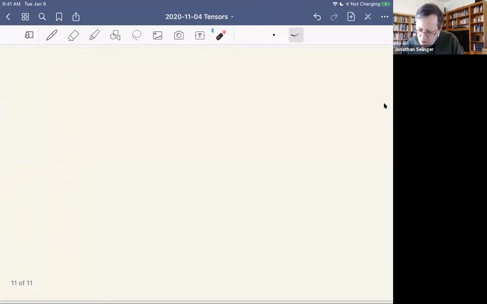Okay. What if I have the tensor that Cheng was asking about? T_ij is u_i v_j, like this. Well, I can break it first into symmetric and anti-symmetric.